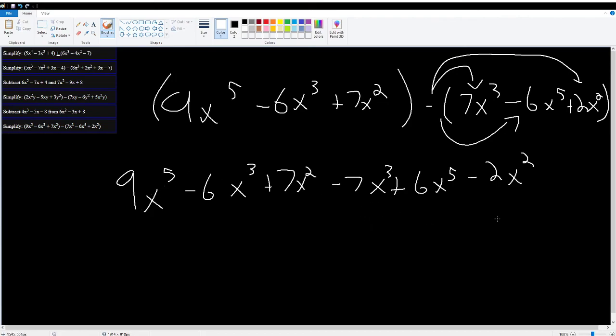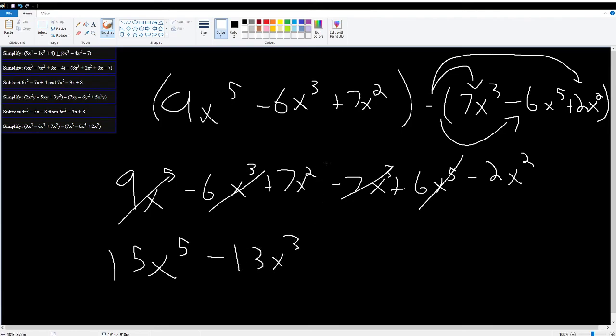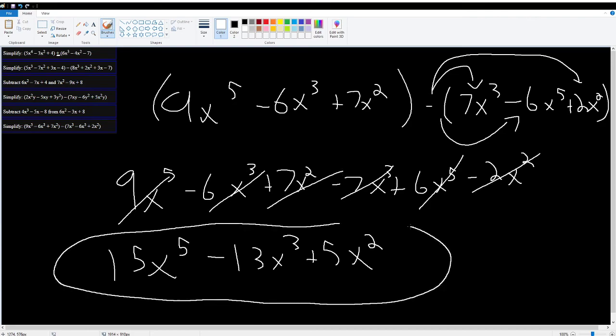So 9x to the 5th plus 6x to the 5th is 15x to the 5th, right? Negative 6x cubed minus 7x cubed, that's negative 13x cubed. 7x squared minus 2x squared is positive 5x squared. Cross them out, and then we're just left with this.